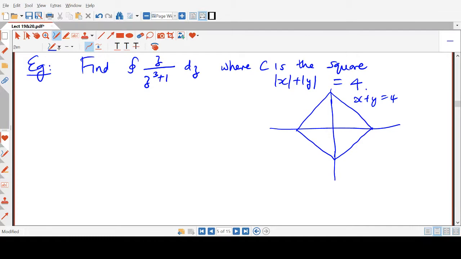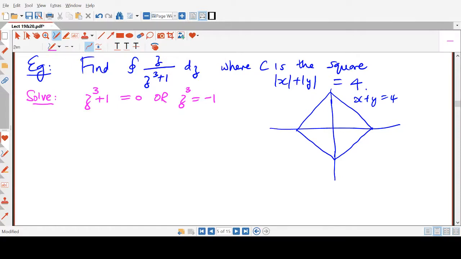Now, the next task is to work out where the denominator is 0. Solve z cubed plus 1 equals 0, or we can say z cubed equals minus 1. One root is known. What's one answer? Everyone should know.